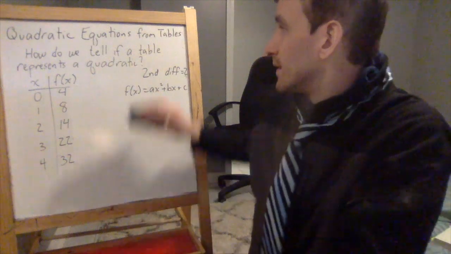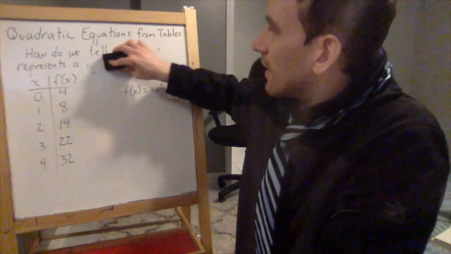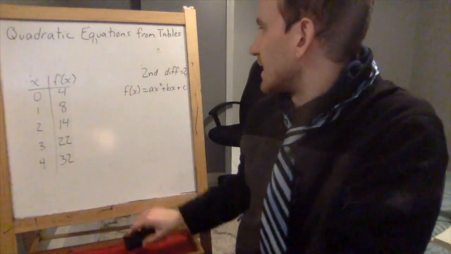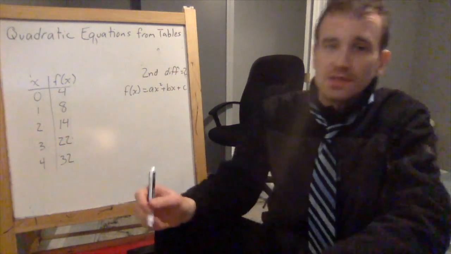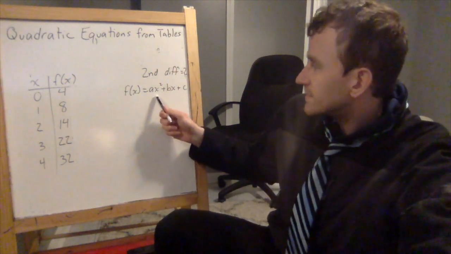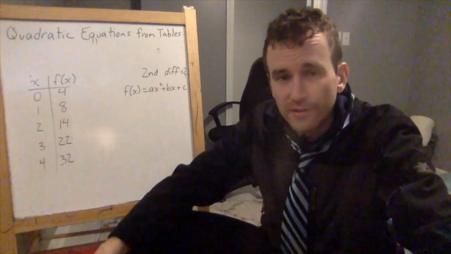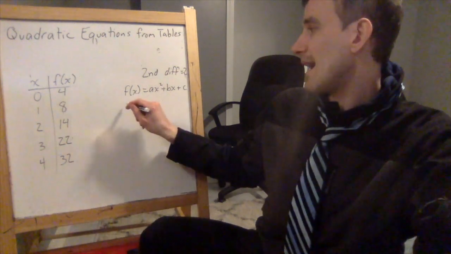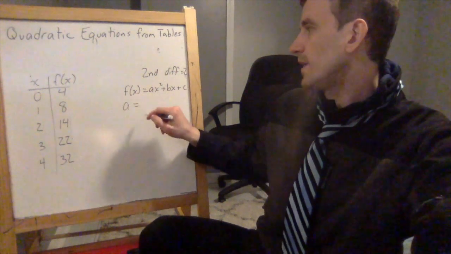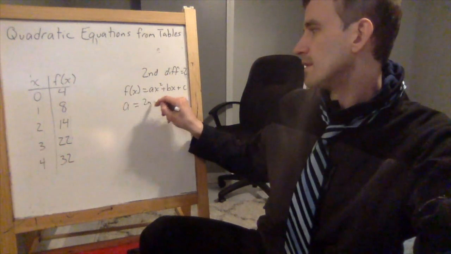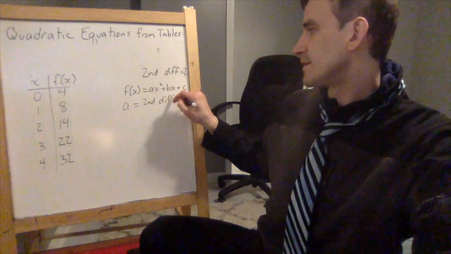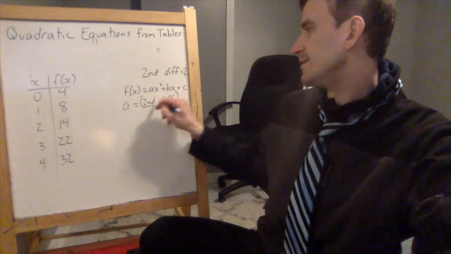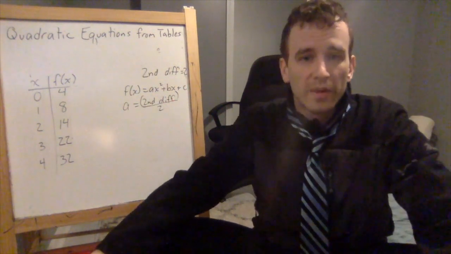Now, what do we want to do if we want to write an equation for this function? We figured out that the second differences were 2, so it is a quadratic. So f of x, you can write it as ax squared plus bx plus c. How do we figure out what those things are? Well, it turns out that a is always equal to your second difference divided by 2, no matter what.